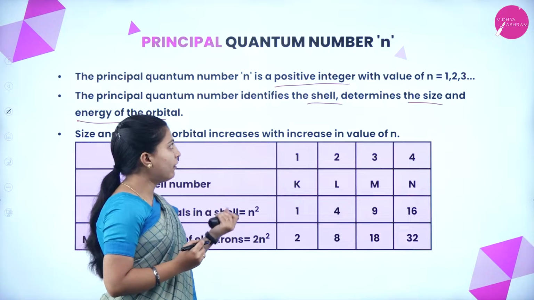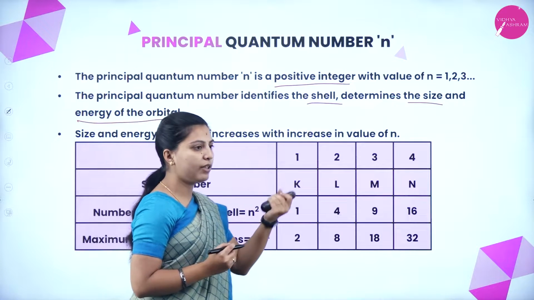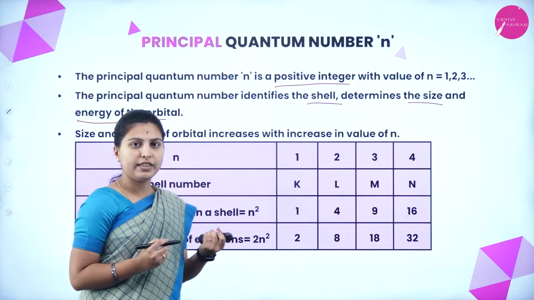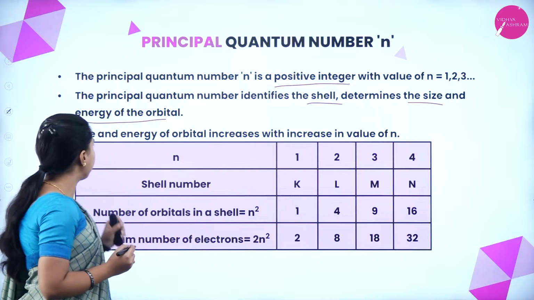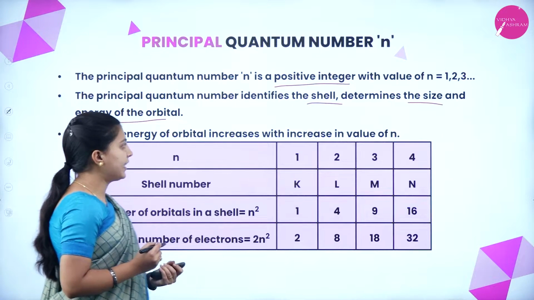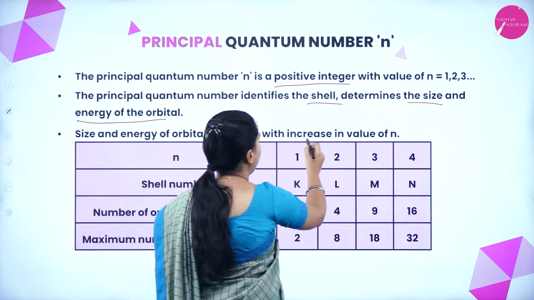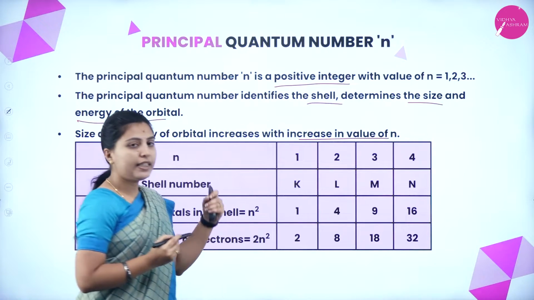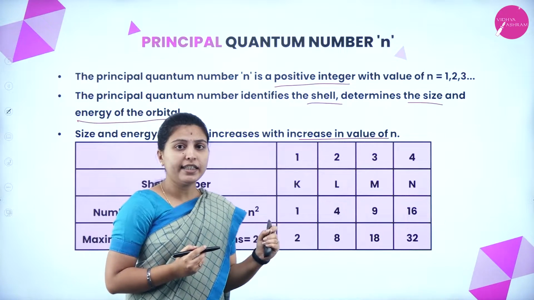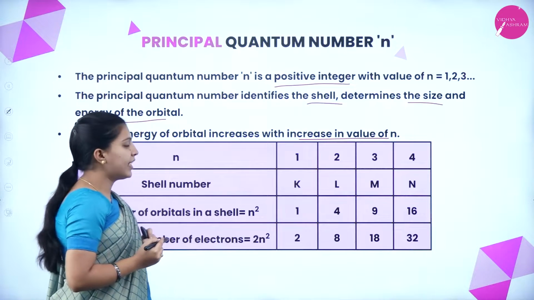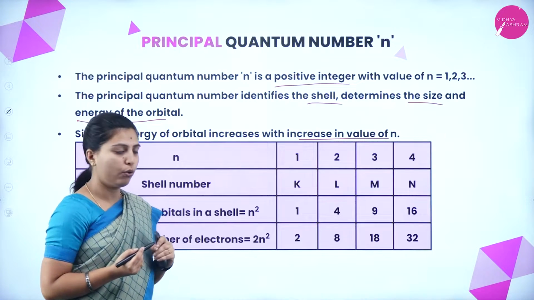How does it identify the shell? n equals 1 means the first shell, the first energy level, like that. The size and energy of the orbital increase with an increase in the value of n. Whenever the n value is increased, the energy and size will increase.